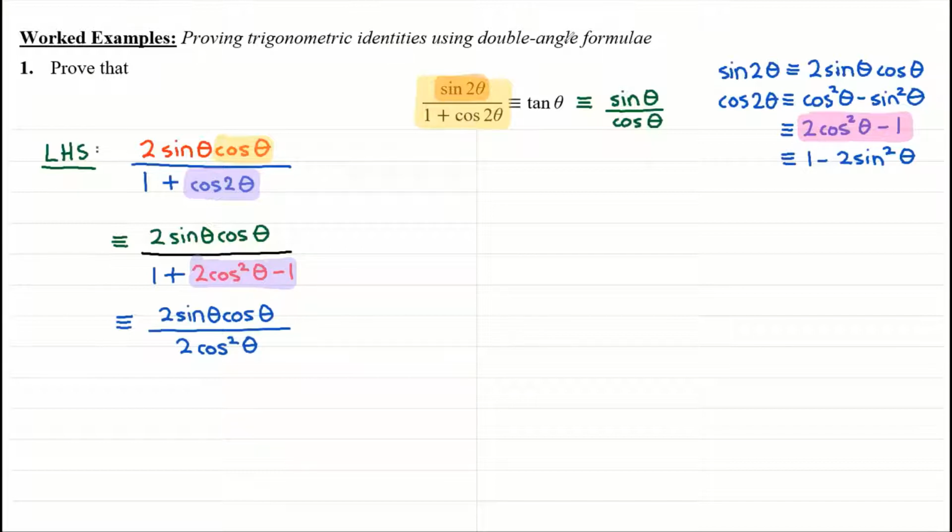We can now see that the 2s are going to cancel. Okay, and we're going to cancel out the cos theta as required, and it's going to cancel with one of these cosines. So I'm just going to be left with 1 cos theta there. So we've got the cancellation there, cancellation there.